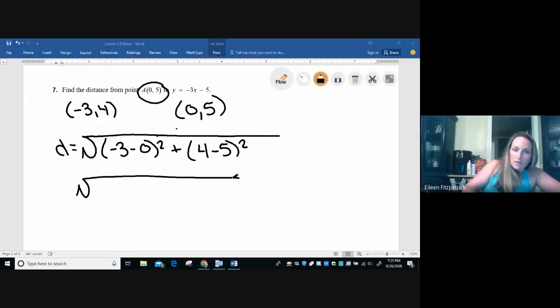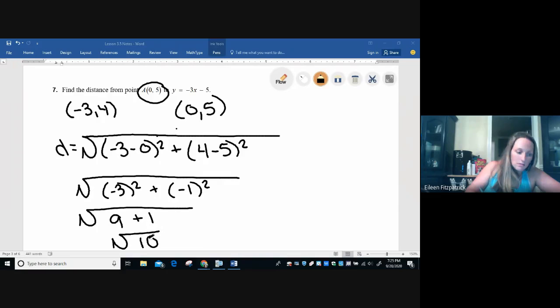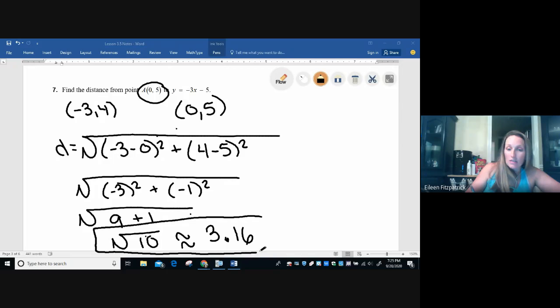So that's -3 squared plus -1 squared, which is 9 plus 1, square root of 10. And if they ask for a decimal approximation, you would give me 3.16. Again, you have to read the directions. If it doesn't say round or approximate or anything like that, you leave it in radical form.